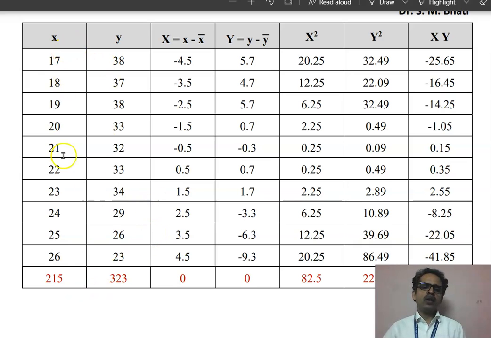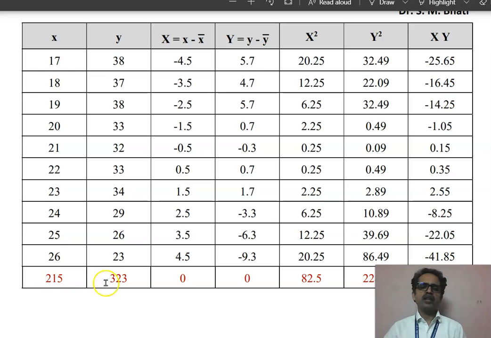Then you take the column sum of the first column, and then the column sum of the second column. The column sums have been shown with the red pen. For x we have 215. For the y column we have column sum 323. So this represents summation x, while this number represents summation y.